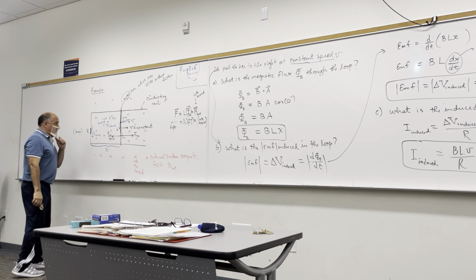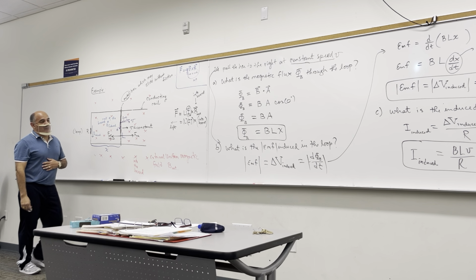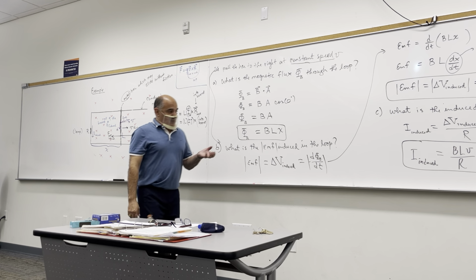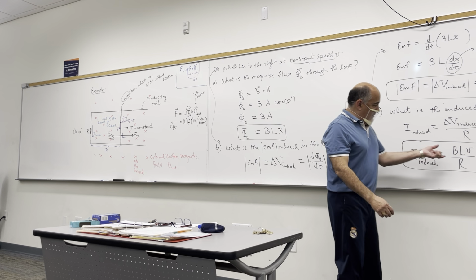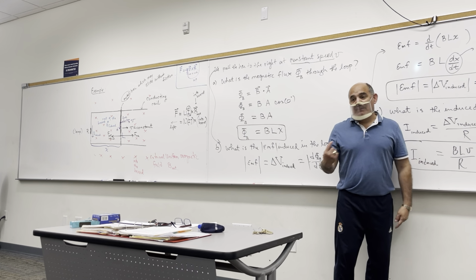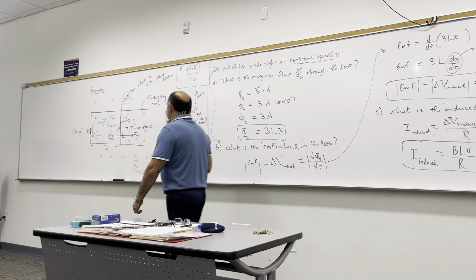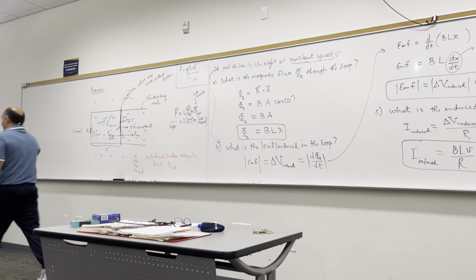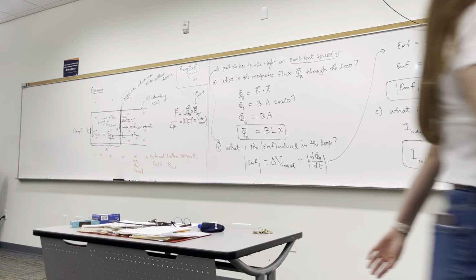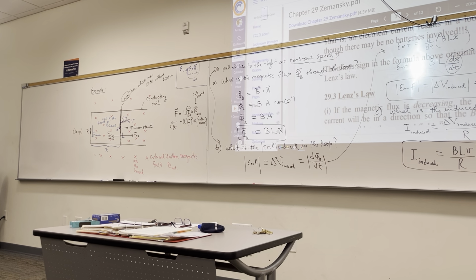Either way, there's going to be a current down the resistor, this many amps, and in the loop it will be counterclockwise. In the bar, it's going to be up the bar, and in the resistor, it's going to be down the resistor. So let me now discuss this exercise.